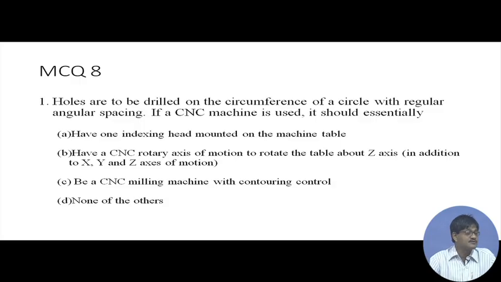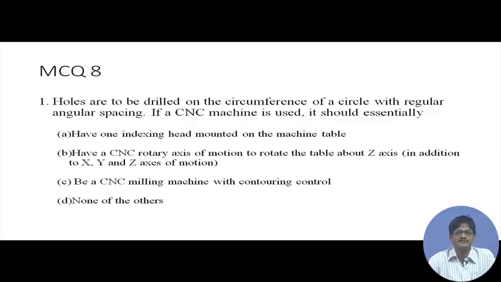Well, the first one is not correct. We have learnt in the program that instead of rotating the job physically, we are rotating the coordinate system physically. So, A is out. B, have a CNC rotary axis of motion to rotate the table, absolutely unnecessary. So, B is also out. We are doing everything virtually inside the memory. C, be a CNC milling machine with contouring control. Now, what is that? Why do we need to move by circular interpolation through those holes?